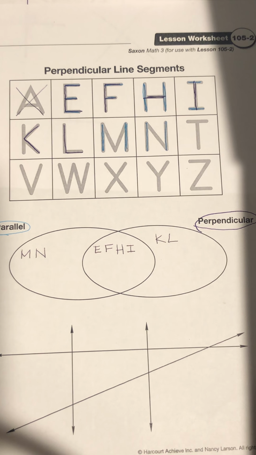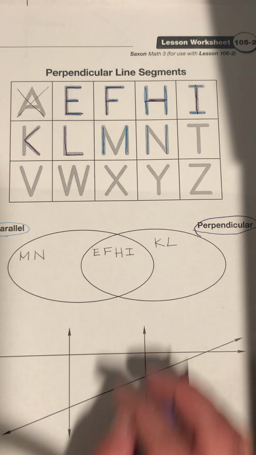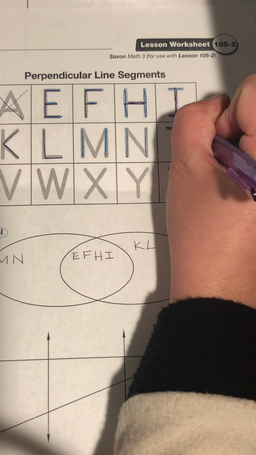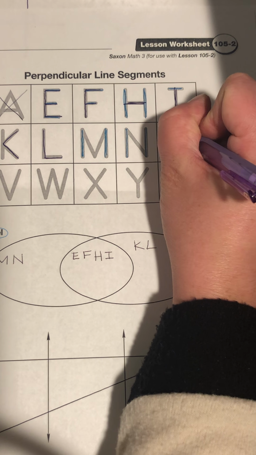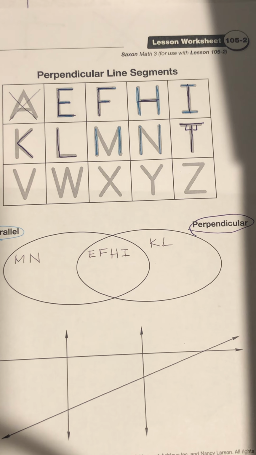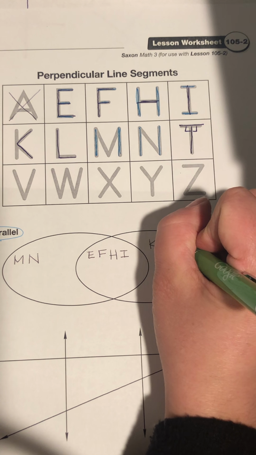What about T? Do we have any parallel lines in T? Not parallel. What about perpendicular? Yeah. These two lines, and you'll see I've got a right angle on each side of there. So that one is represented by perpendicular lines.